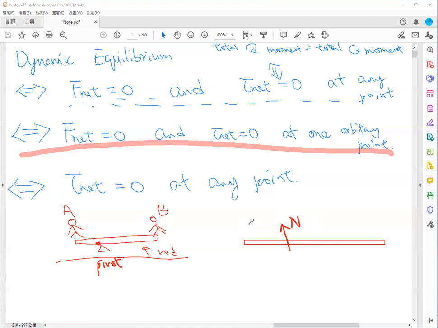So the force acting on the rod by A is equal to the weight of the object, but this force is not the weight. This is a force when A is in contact with the rod, so this is also a normal reaction. But because A is at rest, this force should have the same magnitude as the weight of A. So mass times g, mAg, is the weight. And this is mBg.